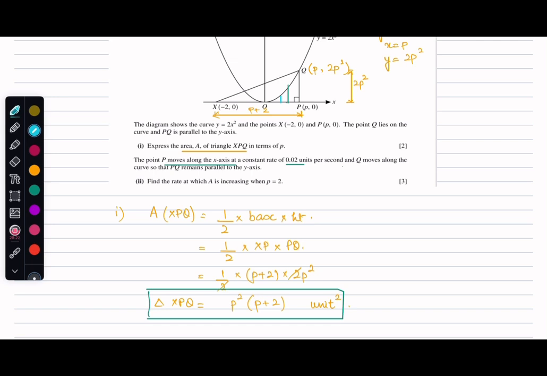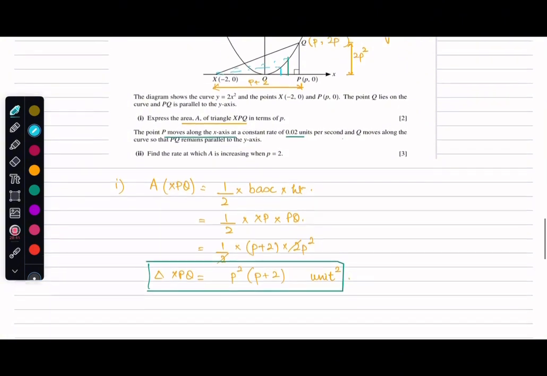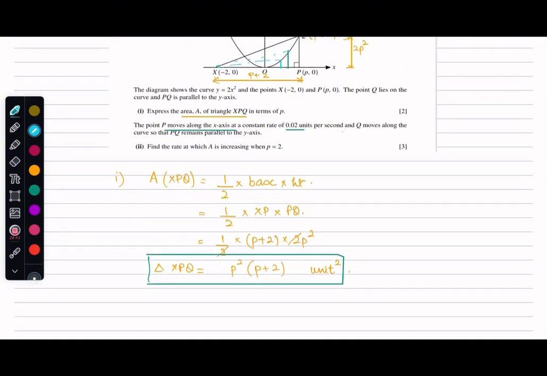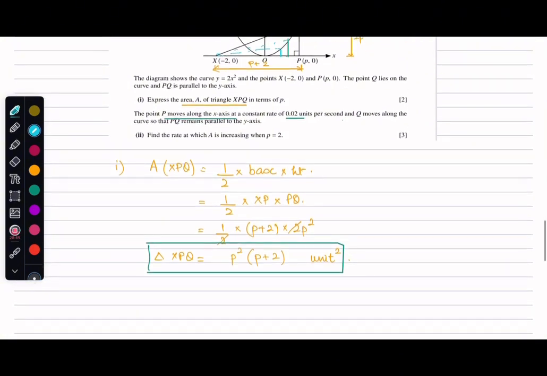So this is how they are moving, and what I can see is that in all the cases they shall always make a right angle triangle, and this is how the area of the triangles shall be changing with respect to P. They are saying find the rate at which A is increasing when P equals 2 units.